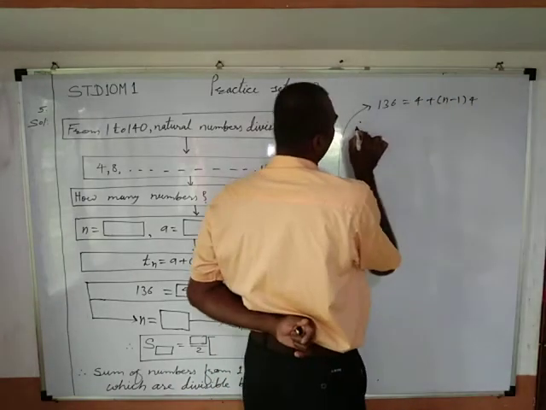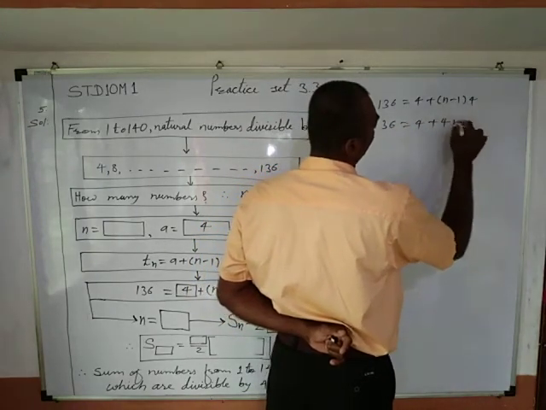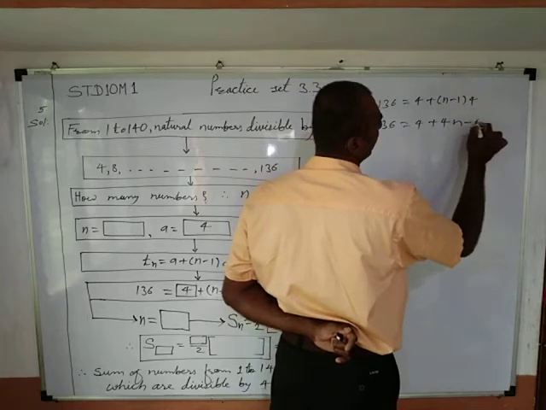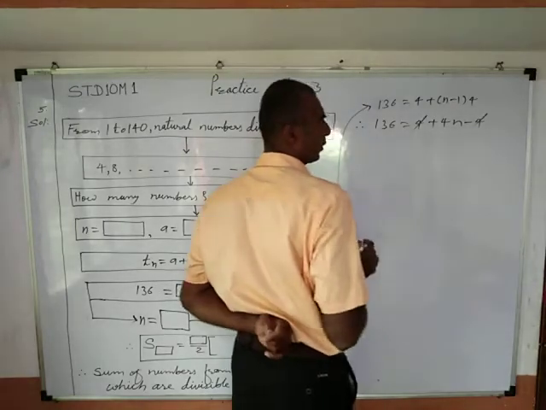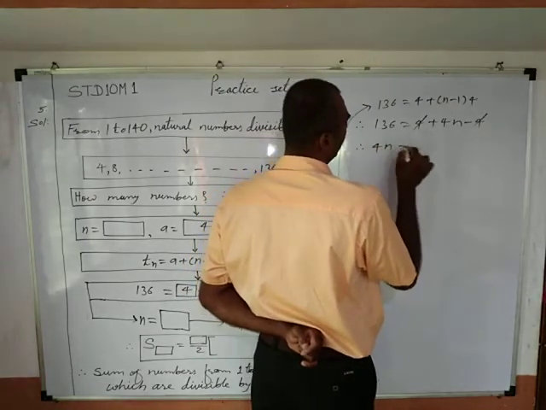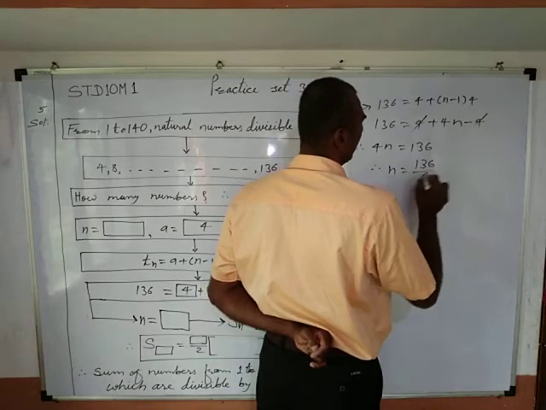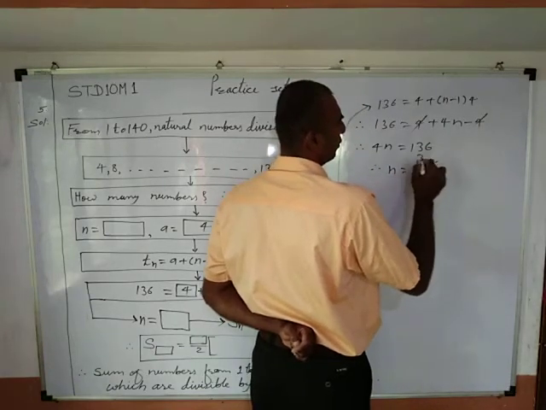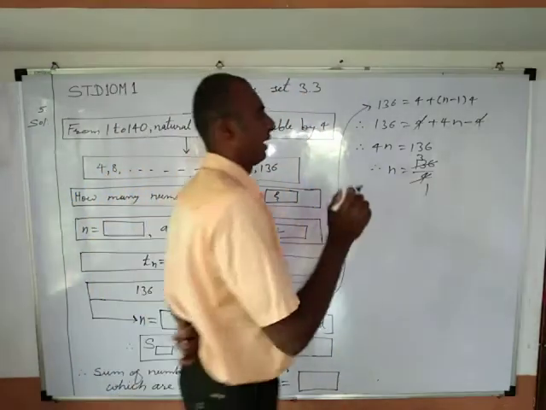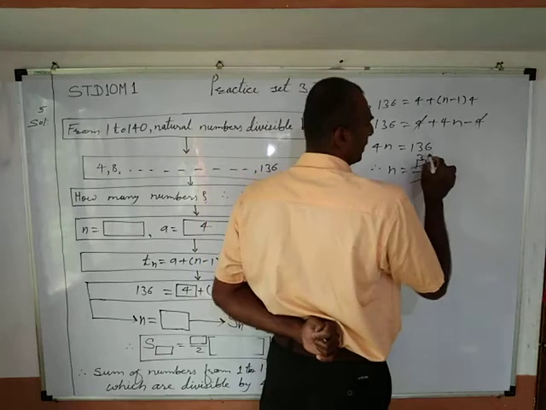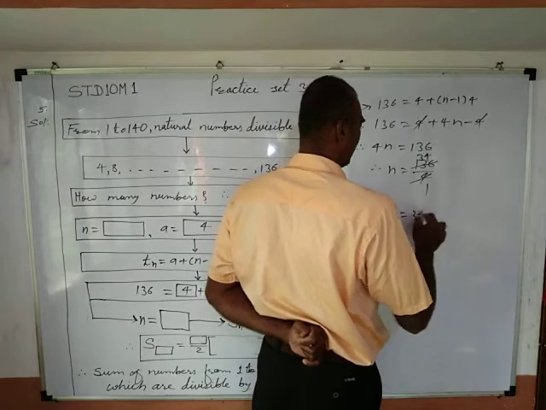Therefore 136 equals 4 plus 4n minus 4. 4 minus 4 gives us 0, and therefore 4n equals 136, and therefore n equals 136 upon 4. 4 ones are 4, 4 threes are 12, remainder 1, and it forms 16 with 6. 4 fours are 16, and therefore n equals 34.